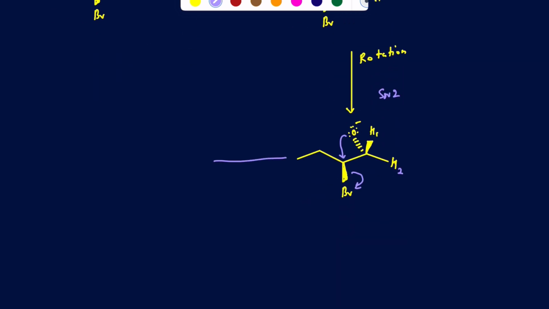And then what I get at the end of the day, how you make the product here is probably going to be important. Since this oxygen is doing the backside attack here, and this is really the only chiral center you have, when you run the SN2 mechanism, you make sure you invert the stereochemistry at that particular chiral center.